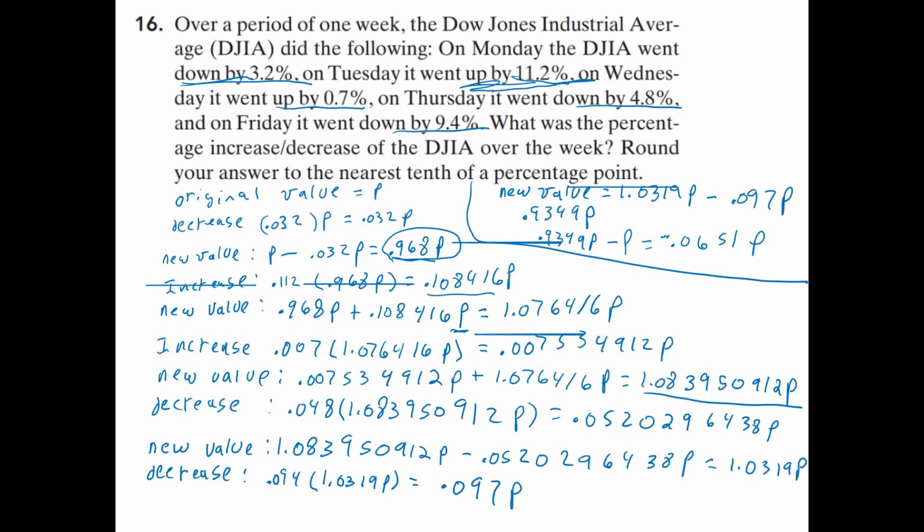That tells us that we decreased. To find what percent we decreased, we divide that by the original amount. The P's go away, and we get that we decreased by 6.5%. So overall, we went through a 6.5% decrease from the original value on Monday. And there we go.